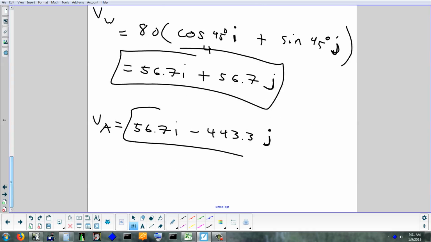Now, that's the vector that represents what's actually going to happen to the plane. I said, let's just find one thing. Let's find the speed. That means I want to know, if you draw that on paper, how long would it be? Okay, so when I find the length, what's the first thing I do?